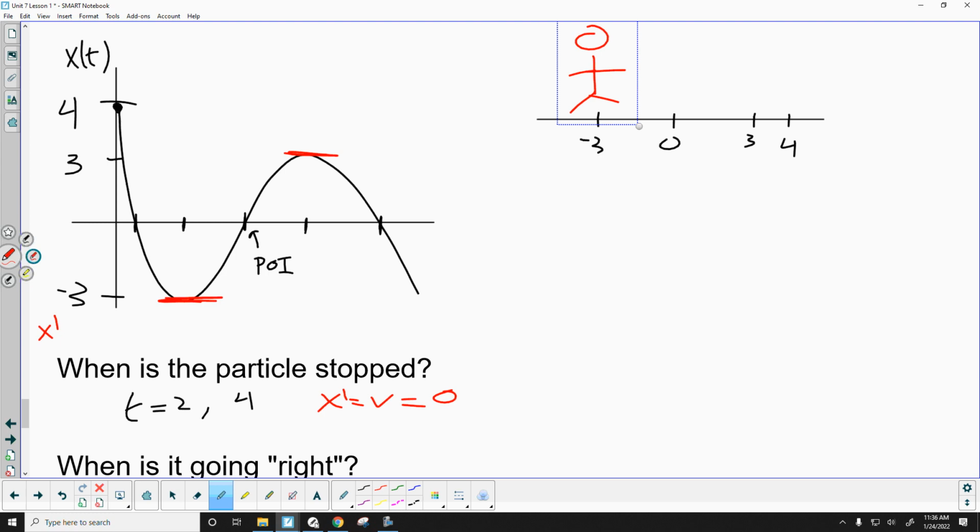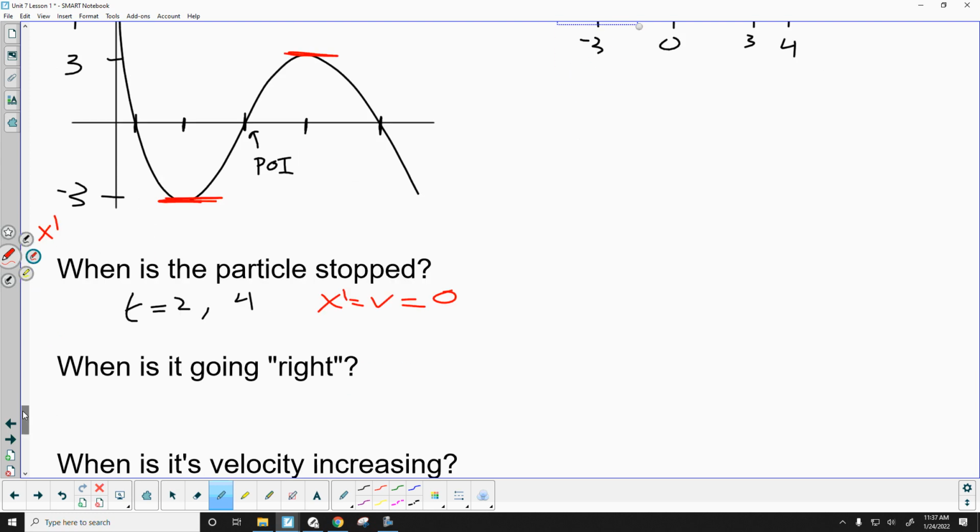When's the dude going to the right? Now, you don't need to know calculus, but calculus will confirm our answer. When is the dude going to the right? Between 2 and 4.